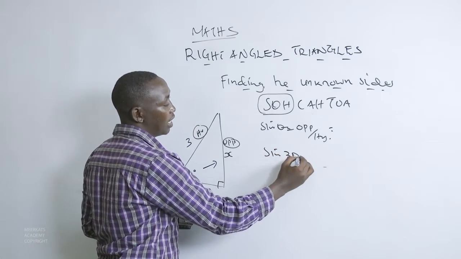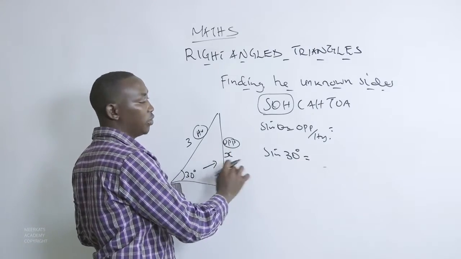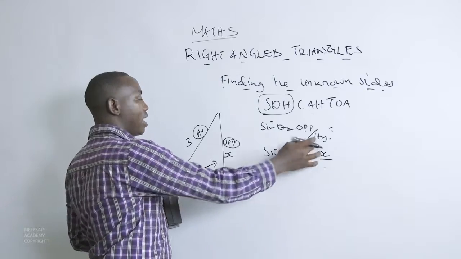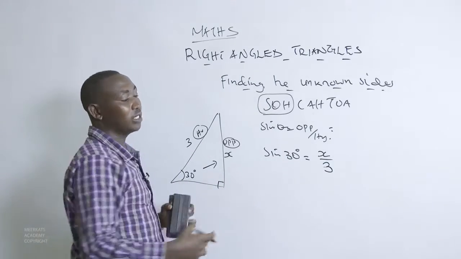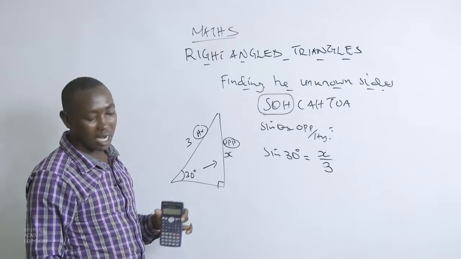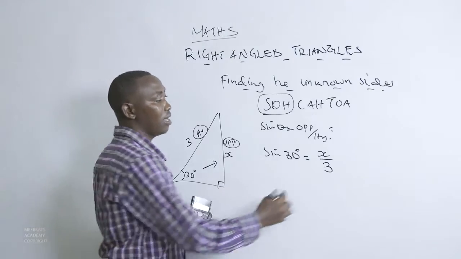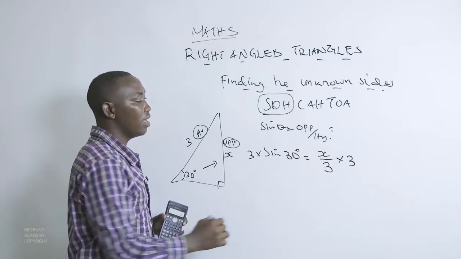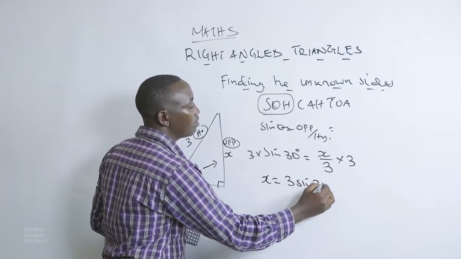So sine of 30 degrees is equal to the opposite, which we do not know, a pronumeral x, over the hypotenuse, which is 3. From this, you can get the value of x by multiplying both sides by 3, so that x will be equal to 3 sine 30.